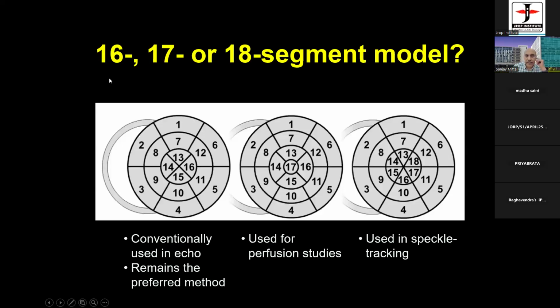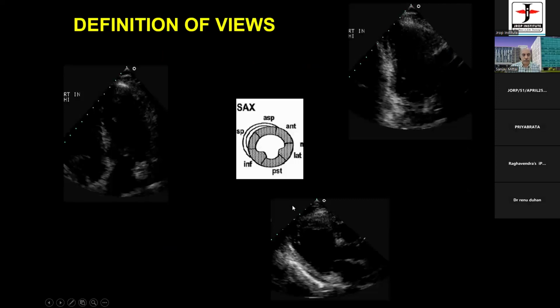On that basis, we may have a 16 segment, 17 segment or 18 segment scoring system. But as far as echocardiogram is concerned, we still focus on the 16 segment scoring system because each of these segments is almost equivalent in the amount of myocardial muscle volume unless there is a large infarction, and we'll talk about it.